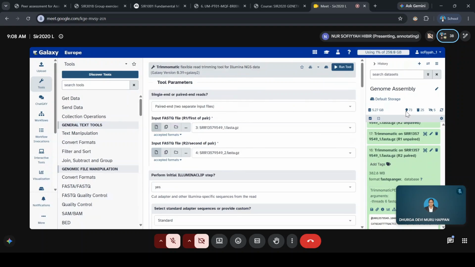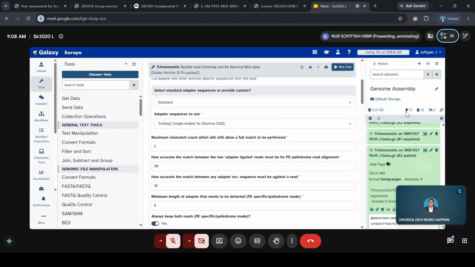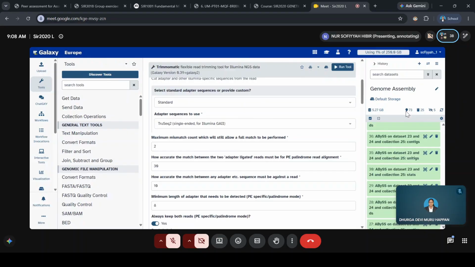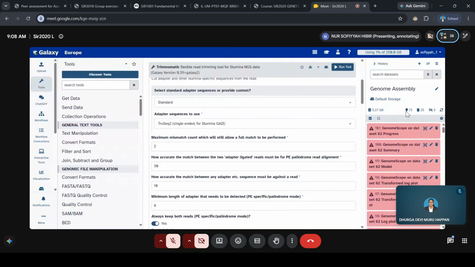You need to understand that R1 corresponds to file number 1, forward. R2 is reverse, so it should be different. I think the mistake is only because of that, so it carries forward the mistakes.